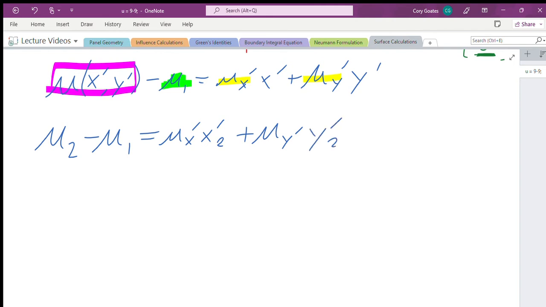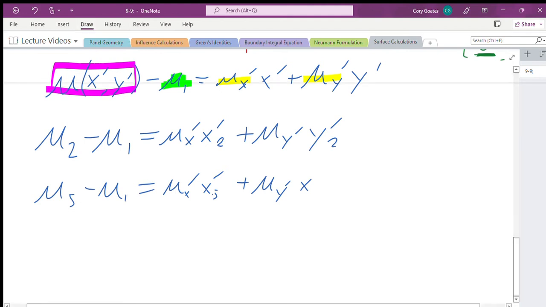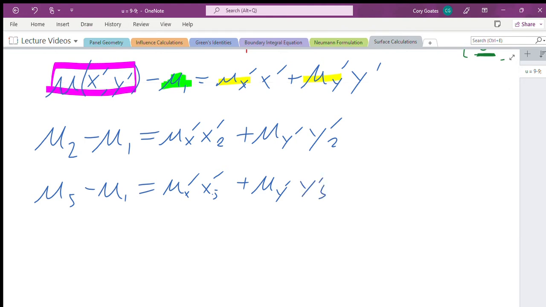Okay, and the same thing for the other panels. So mu on the centroid of panel 5 minus mu 1 should be equal to mu x prime times x5 prime plus mu y prime times y5 prime. Okay, and then the same thing on panel 6.